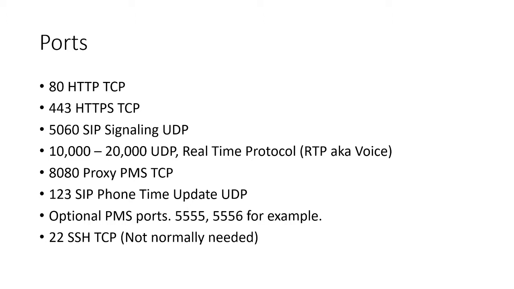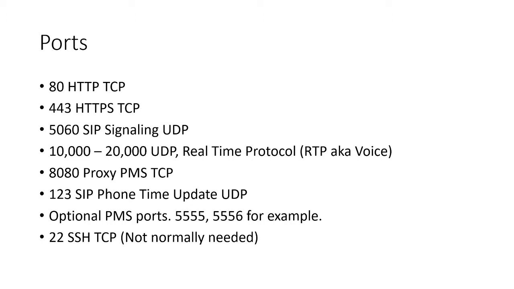Lastly, one port that you may know about is port 22 for SSH access. This is a TCP port, and that is not normally needed. The reason is that you can SSH into one of the Voiceware systems using port 443. There's a special translation we have on the back end that'll take the SSH information and translate that over the port 443.